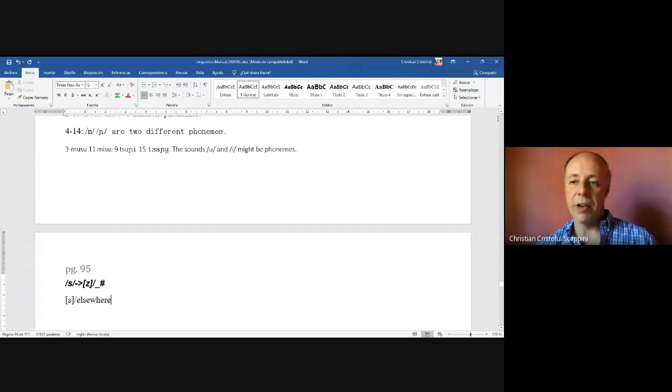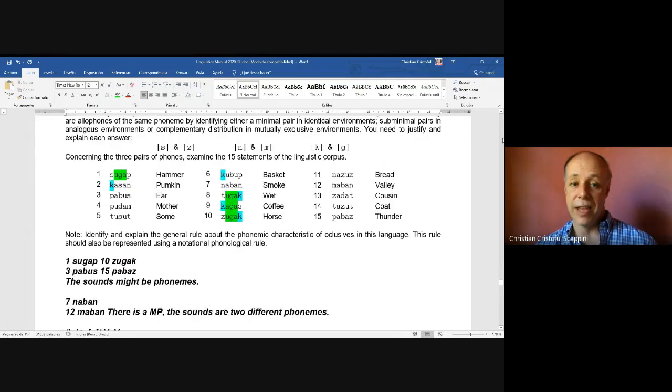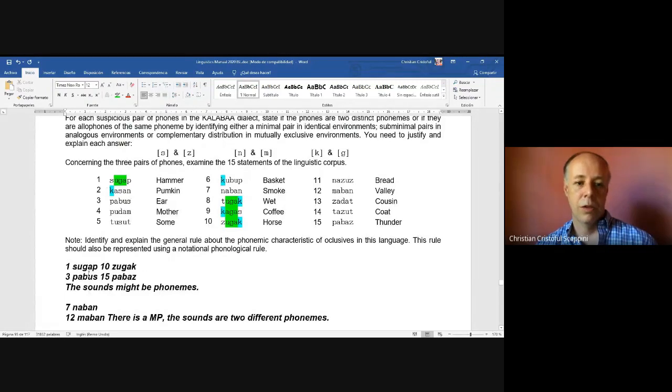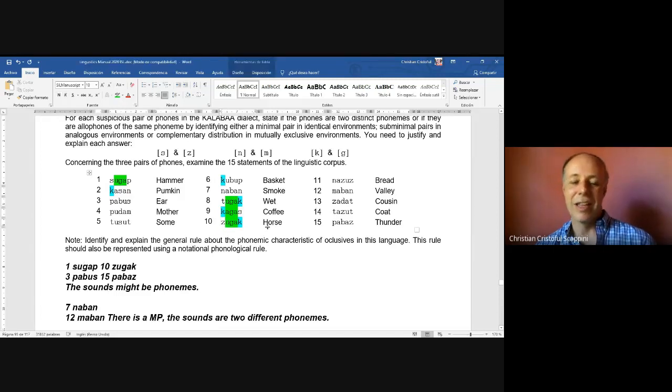If I compare this exercise, in which the S is the phoneme and it has two different allophones, with the previous exercise, notice that in the previous exercise we can see that the Z occurs in word initial position. So my rule is wrong, let's say. But I only know that because of the previous exercise.